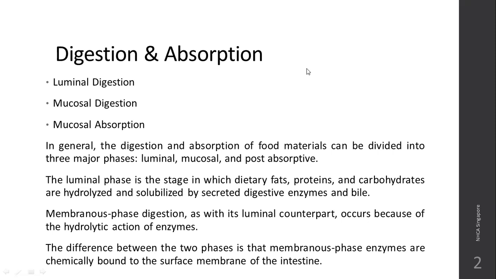and they get mixed up with the food, they flow with the food, they move with the food. Those are luminal enzymes. But membranous phase digestion, or mucosal digestion, can only take place if hydrolysis has already been done with the help of enzymes. The next step is membranous digestion or mucosal digestion. In mucosal digestion, enzymes are present, but they are not flowing with the food.